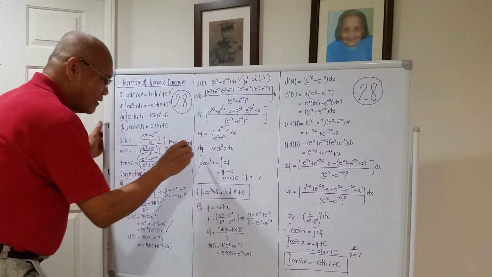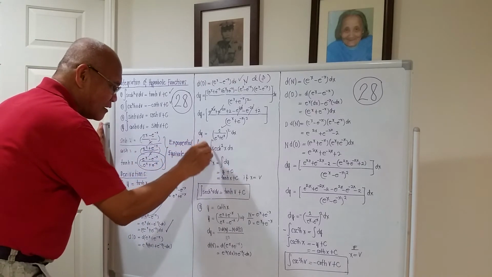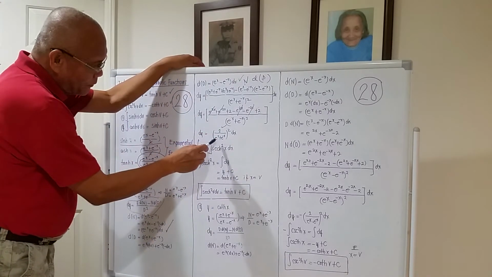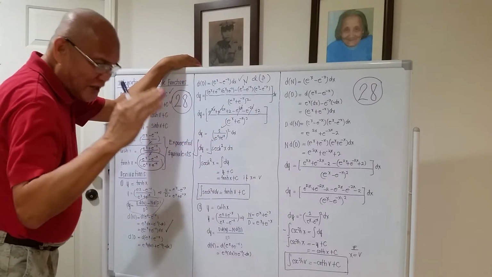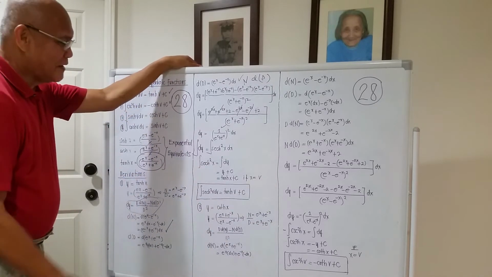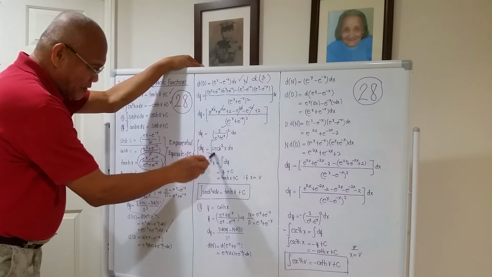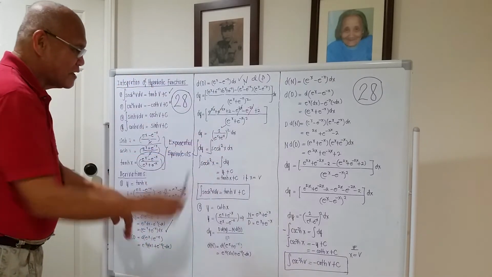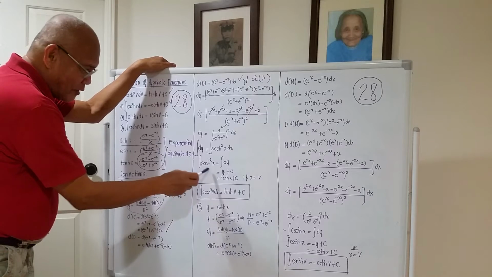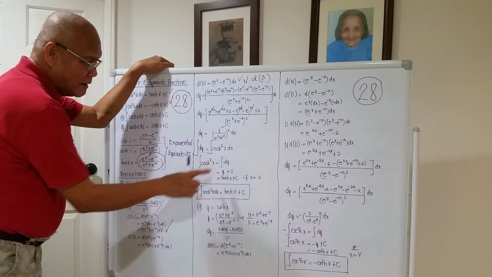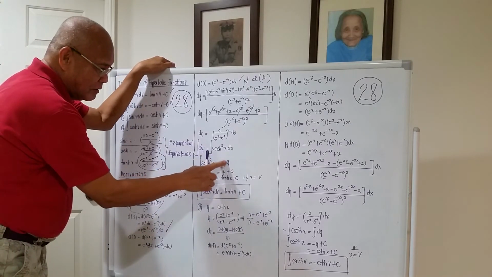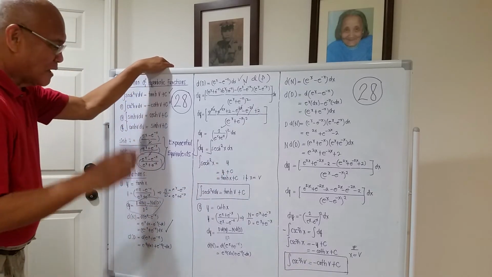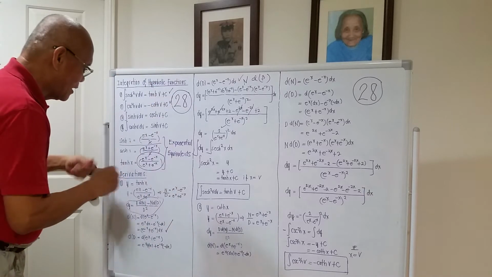Therefore, dy now. If we take the integral of both sides, 2 all over e to the x plus e to the minus x is hyperbolic secant. So this should be hyperbolic secant square of x dx. Taking the integral of both sides and rearranging, the integral of hyperbolic secant square of x dx equals the integral of dy. This cancels out, so it will simply be y plus c. But what is y? y is hyperbolic tangent of x.